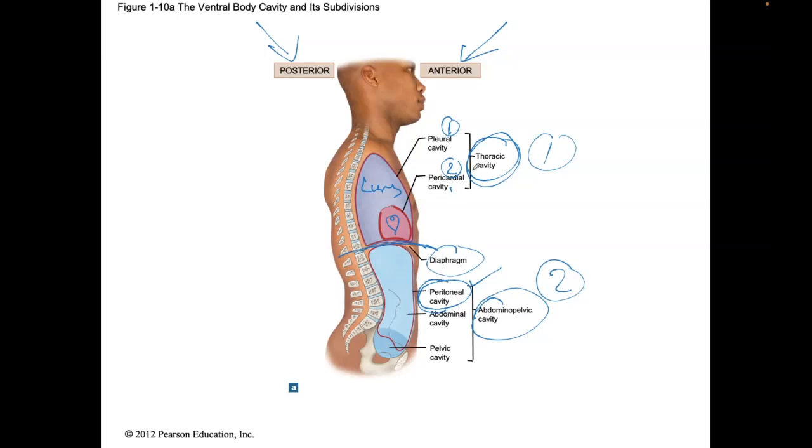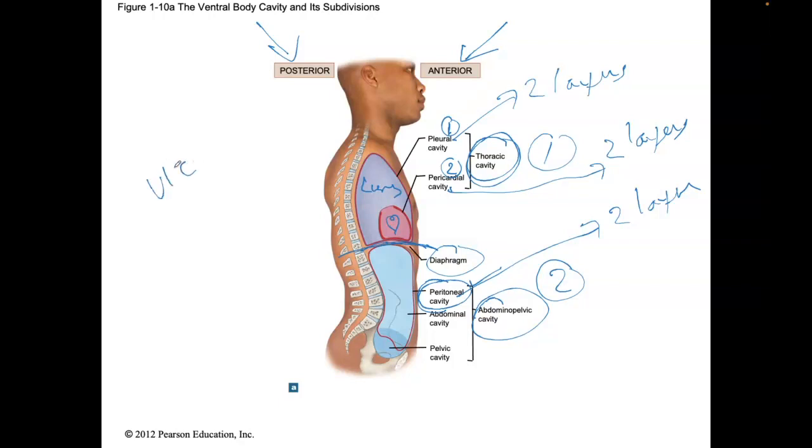And within the pleural cavity, there's going to be two layers. Within the pericardial cavity, there's going to be two layers. Within the peritoneal cavity, there's going to be two layers. Always two layers. One of the layers is called visceral, and the other is called parietal.